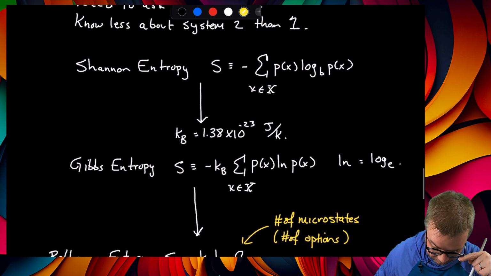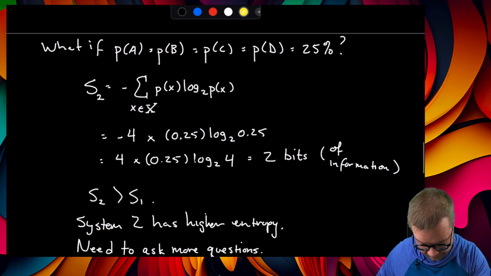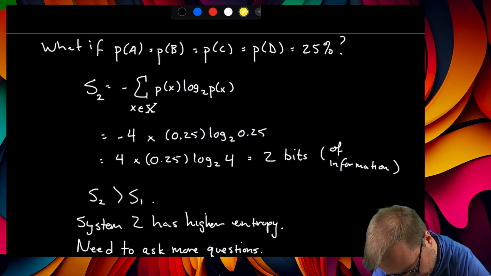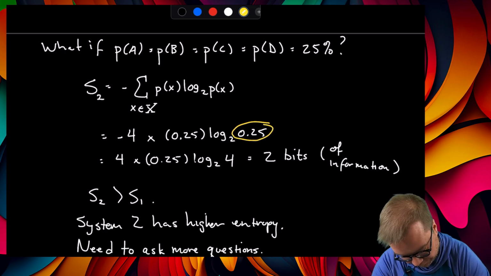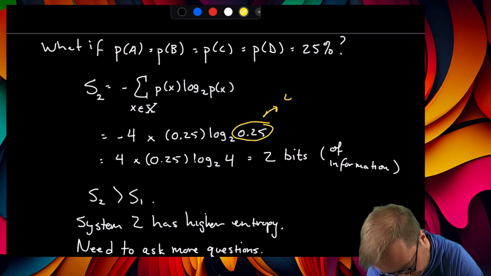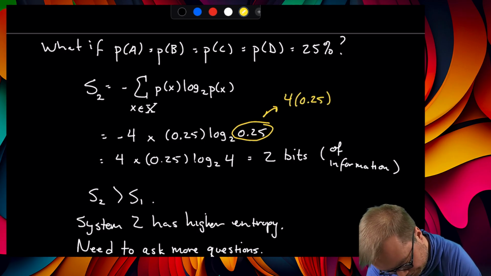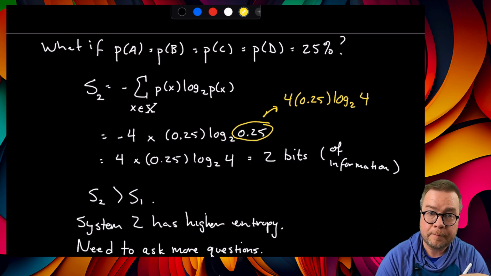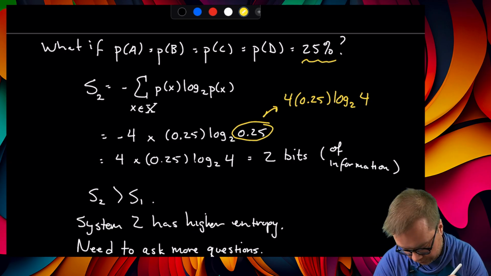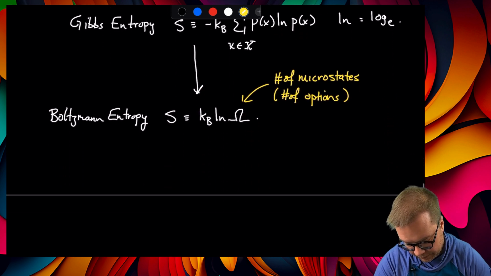So if you think about it, if we go up here, when we were calculating the Shannon entropy of system 2, notice we had log of 0.25, and if we bring that minus sign in, this gives us 4 times 0.25 times log base 2 of 4. Well, notice we had 4 options here and they all occurred with equal probability, okay? So there's kind of a connection between these probabilities and the number of microstates.